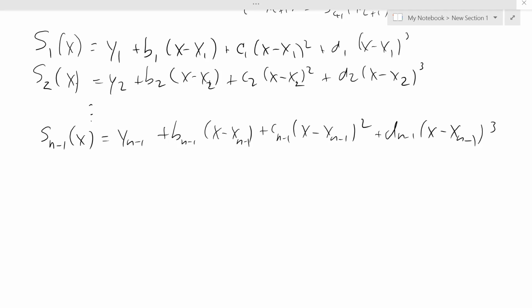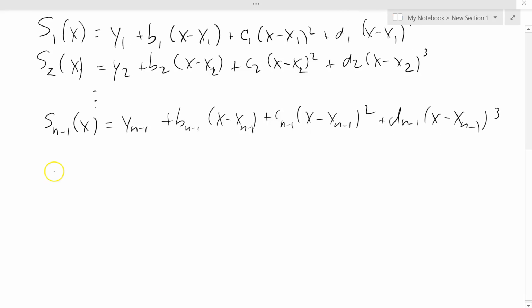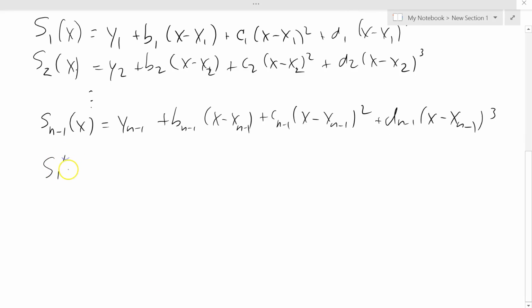We agree? Okay. So when we do the derivatives, if I do S1 prime, just to write them down, I would have b1, and then a 2c1 times x minus x1, and a 3d1 times x minus x1 squared.